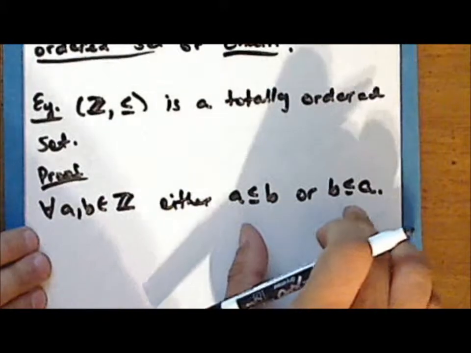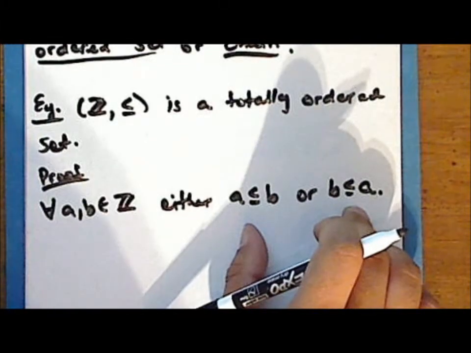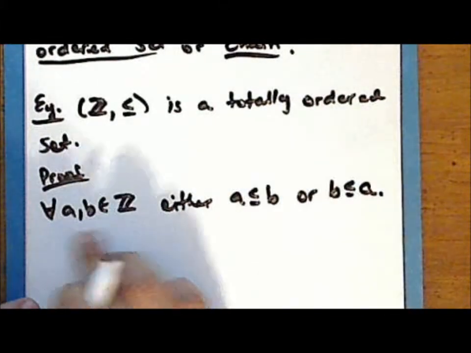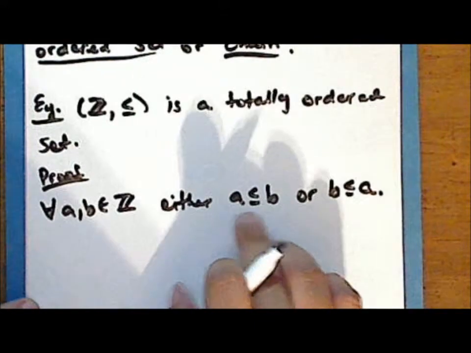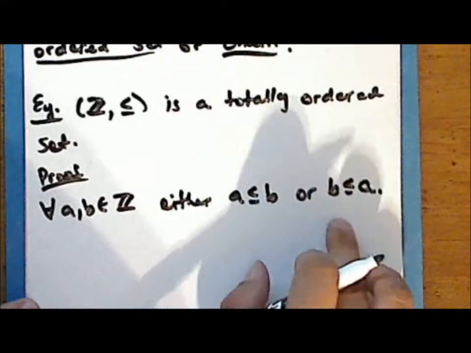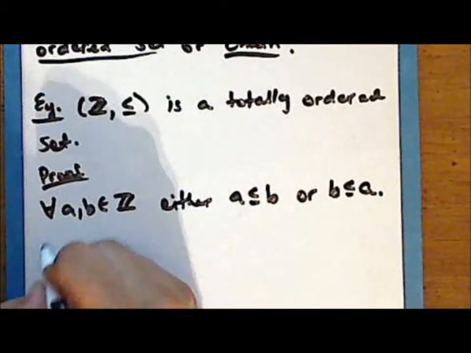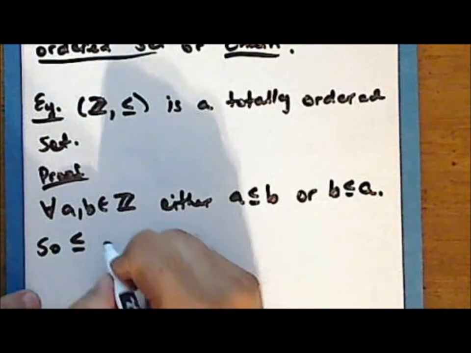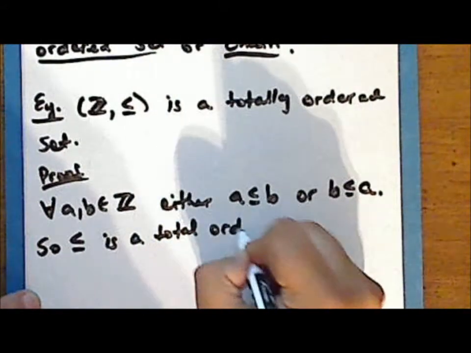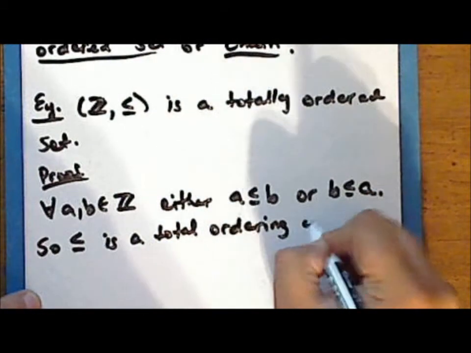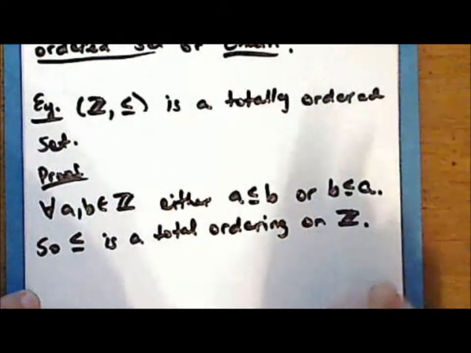Notice that this does include the case that a is equal to b, but again, for any pair of integers, one of the following is true: either a is less than or equal to b, or b is less than or equal to a, and so the relation less than or equal to is a total ordering on the set of integers.